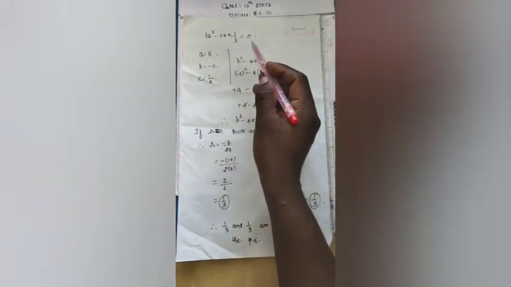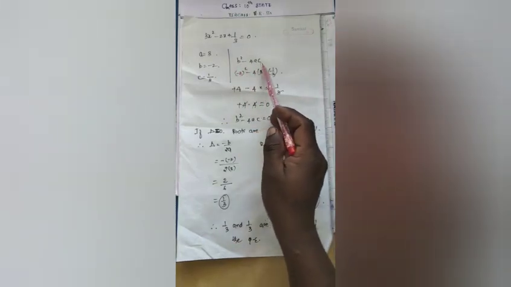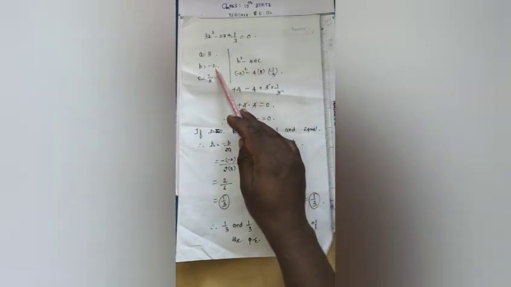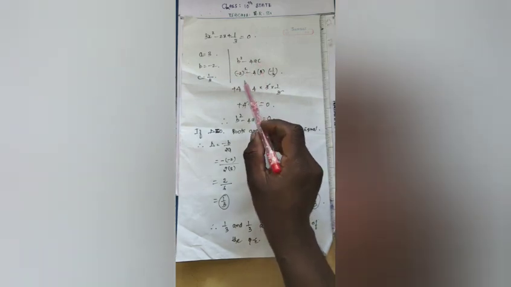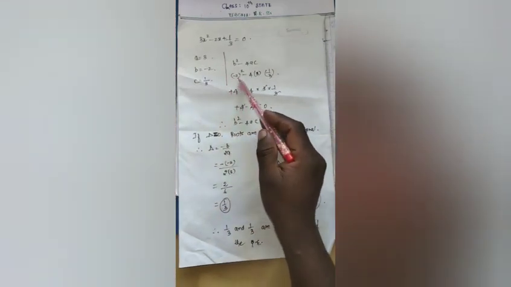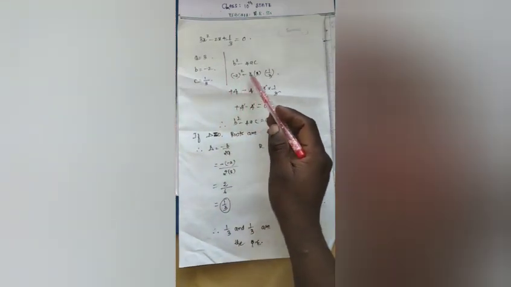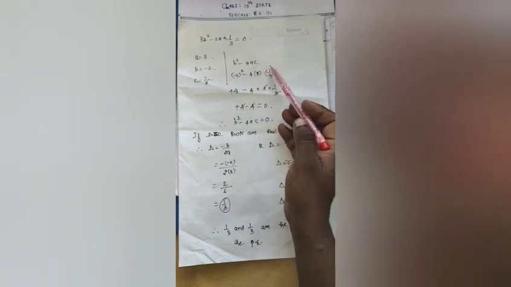So we know that the discriminant of the quadratic equation is b square minus 4ac. When we substitute the values of b, a and c, we get minus 2 whole square minus 4 into a is 3 and c is plus 1 by 3.